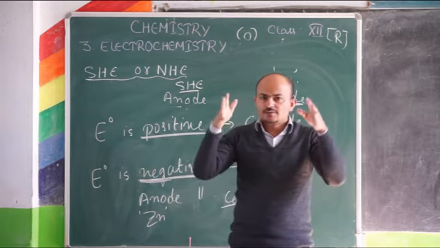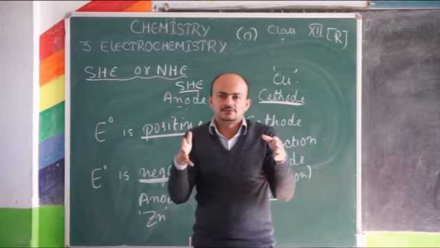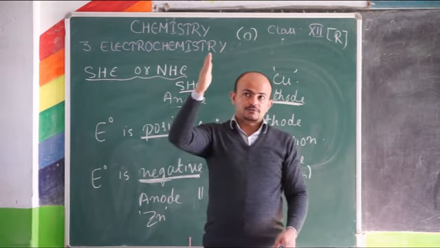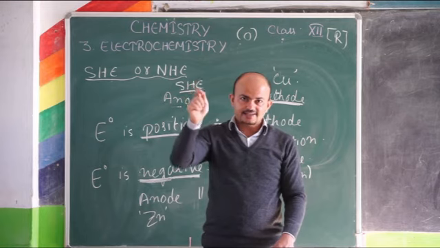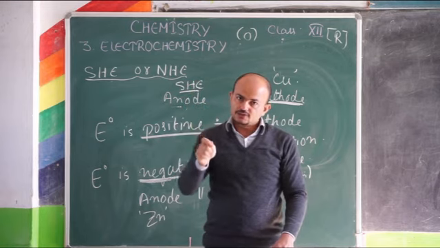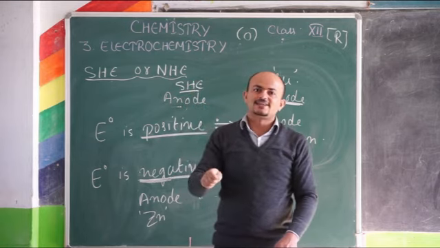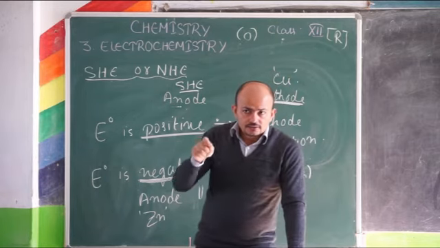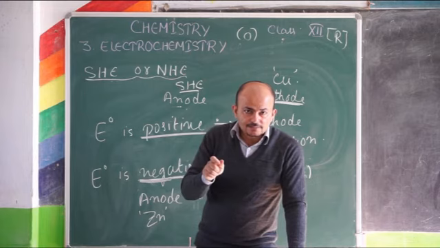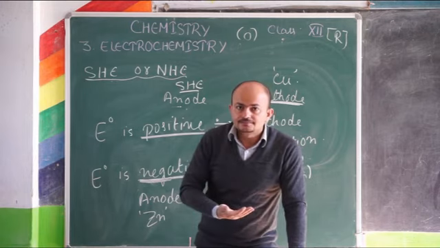This is how I used to remember it: as you go from top to bottom, the value of E0 keeps on decreasing. From the highest it decreases to 0, then it becomes negative, and the most negative, the lowest value, is at the bottom.